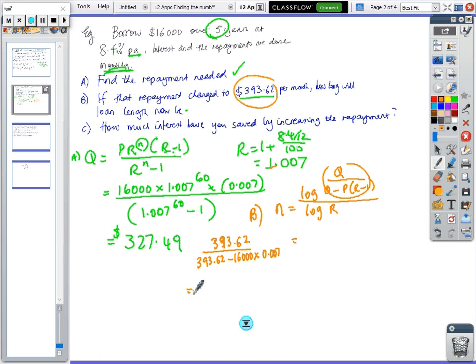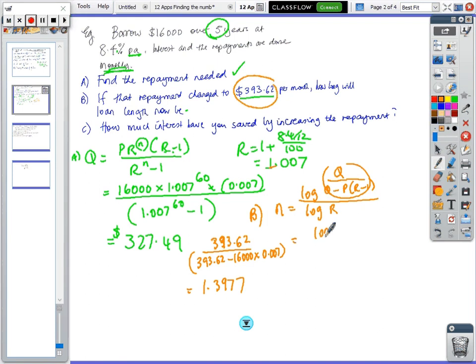So I need to do that calculation, I haven't done it yet. 393.62 divided by, and don't forget, put that in brackets when you're dividing, otherwise you get the wrong answer. 393.62 minus 16,000 times 0.007, close bracket, equals 1.3977 to 4 decimal places.